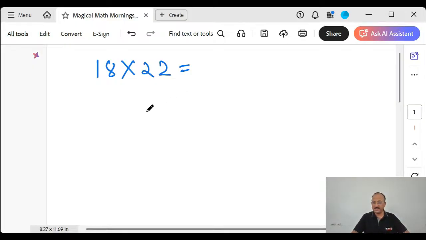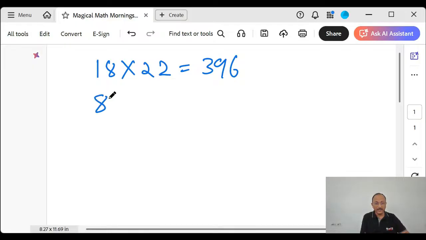Definitely this trick is very exciting. The difference is 4. Very good. So 2 square we have to subtract from 20 square. 20 square is 400, 400 minus 4 is 396.